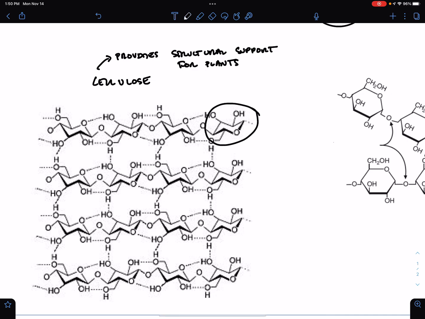Even though these are just glucose monomers strung together, animals cannot break the bonds between these glucose monomers. So animals that consume a bunch of plant material often have a very complex digestive system that hosts a whole diverse array of bacteria living in their gut that actually help them break down the cellulose and do the digesting for them.